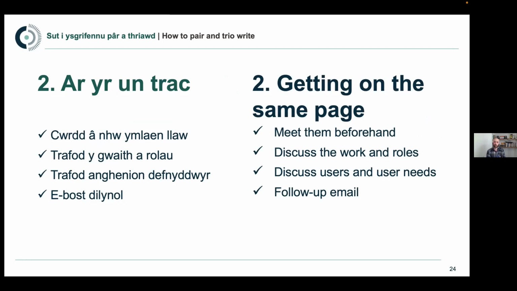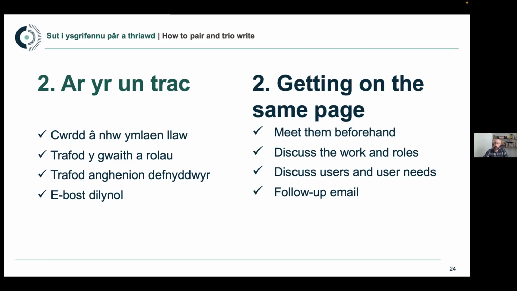You can tell them how the session will run and why, what the users of this information are and their needs, and also what each one's role is in the session. So it's an opportunity to start creating a shared understanding of this work and make sure that everyone knows their role in the process. You can follow this up with an email to summarize and document all this information. It's something to refer back to as well.